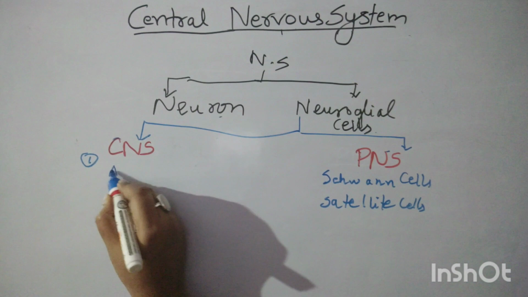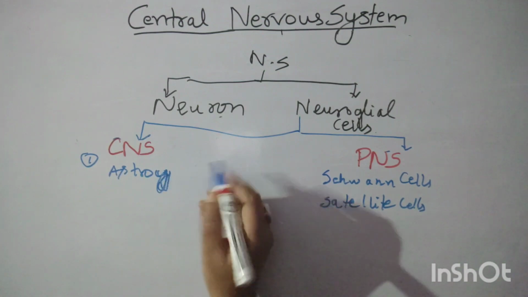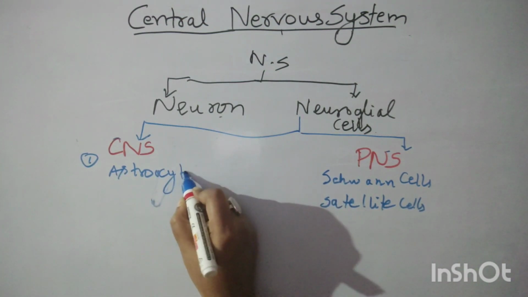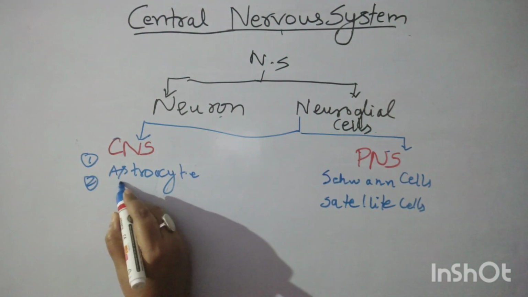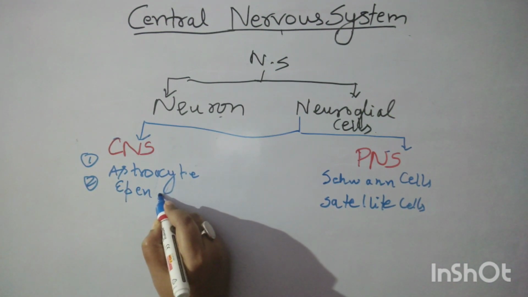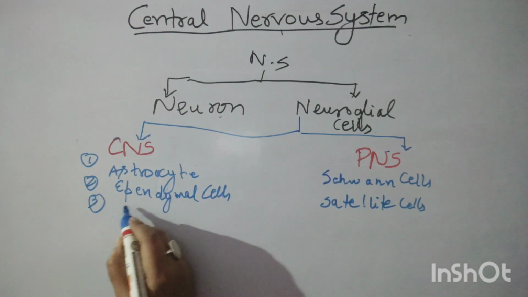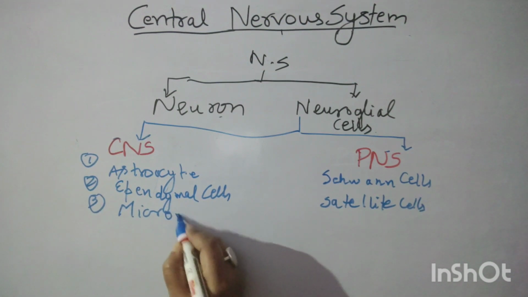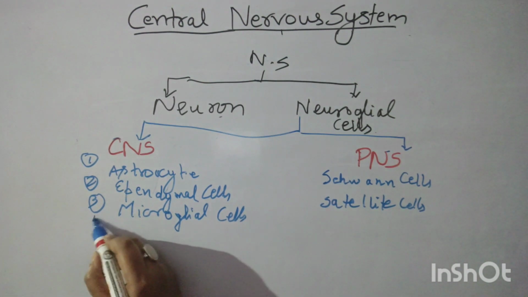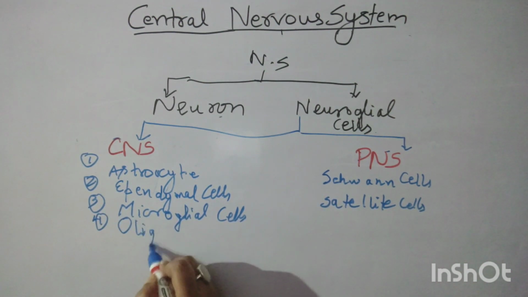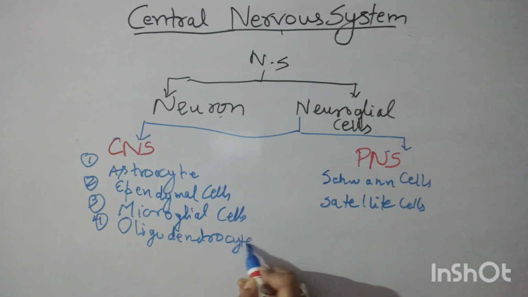In the CNS there are astrocyte cells, second ependymal cells, number 3 microglial cells, and the fourth oligodendrocyte cells.